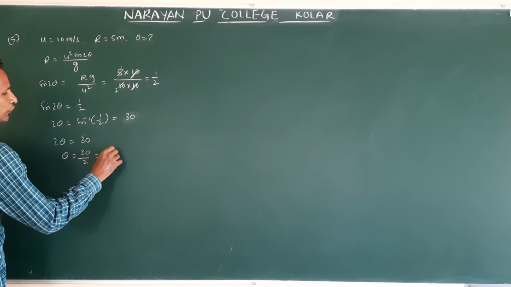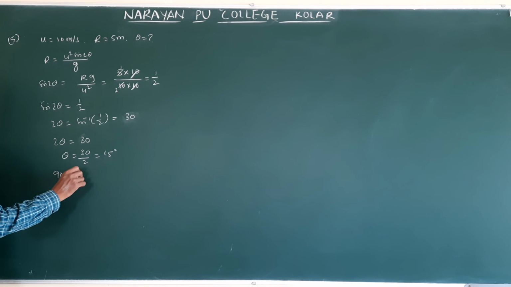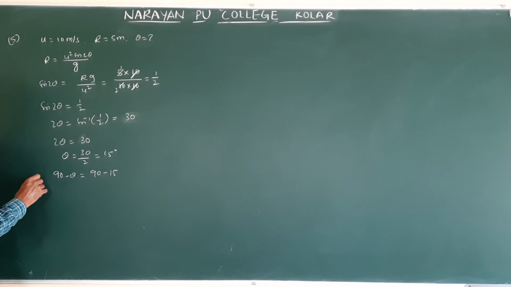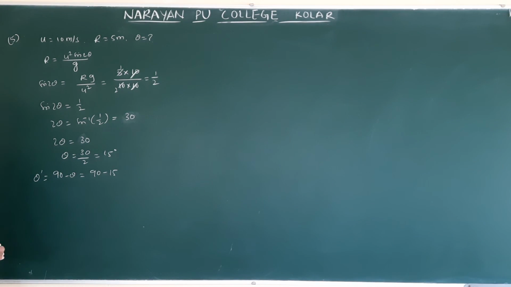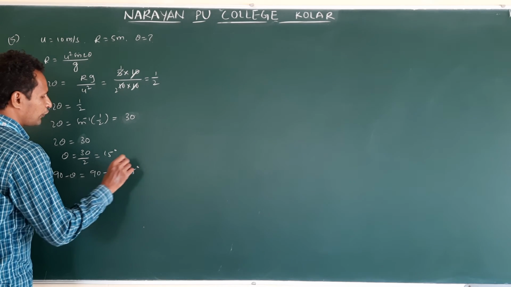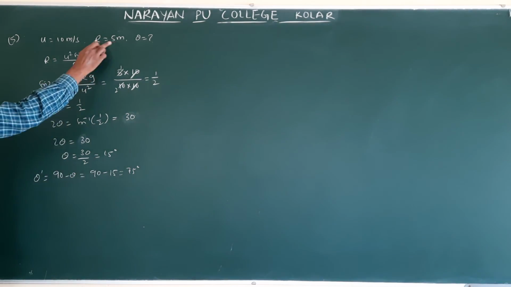This is 15 degrees. Or another angle is what? 90 minus theta, means 90 minus 15, theta dash, another angle. Clear? Then this is 75. Okay, for 15 degrees and 75 degrees, range is 5 meters. Clear?